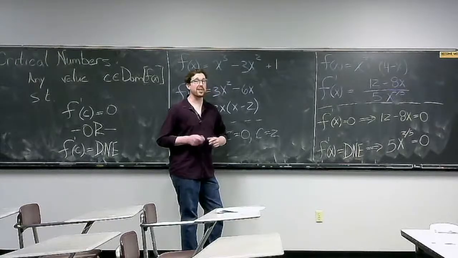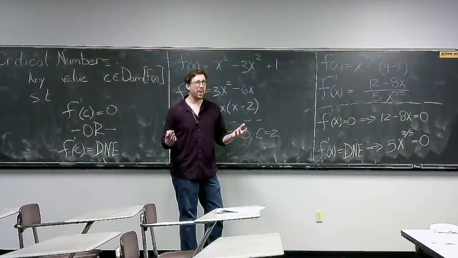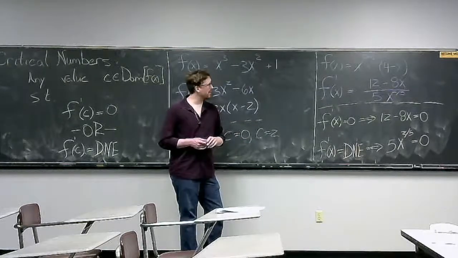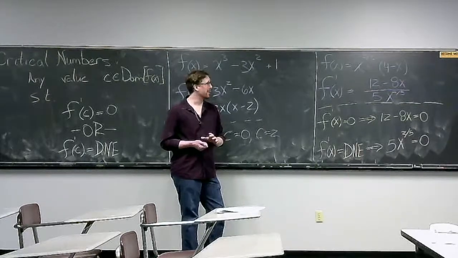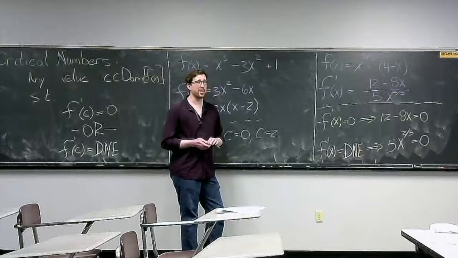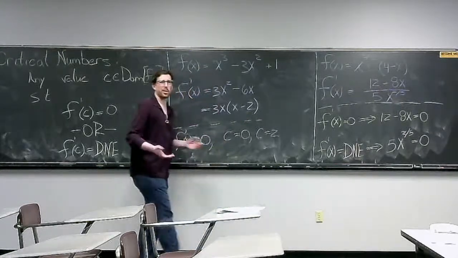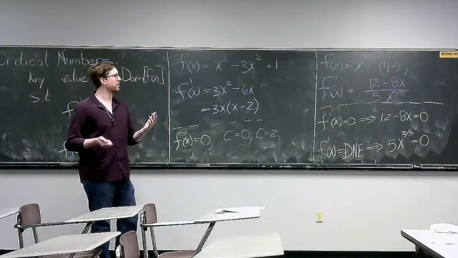So what we need to do is identify how to find those. Well, since the derivative is a rational function, to find out where that derivative is equal to 0, all we need to do is consider where that numerator is equal to 0, right? Yeah, absolutely. That's the whole thing with rational functions. That's convenient.